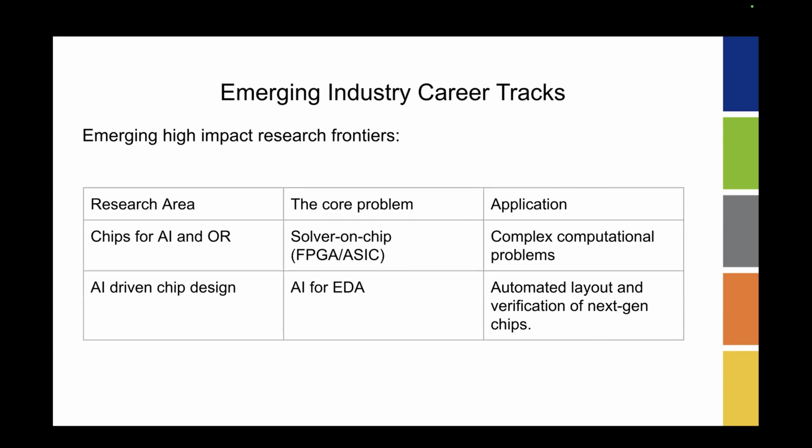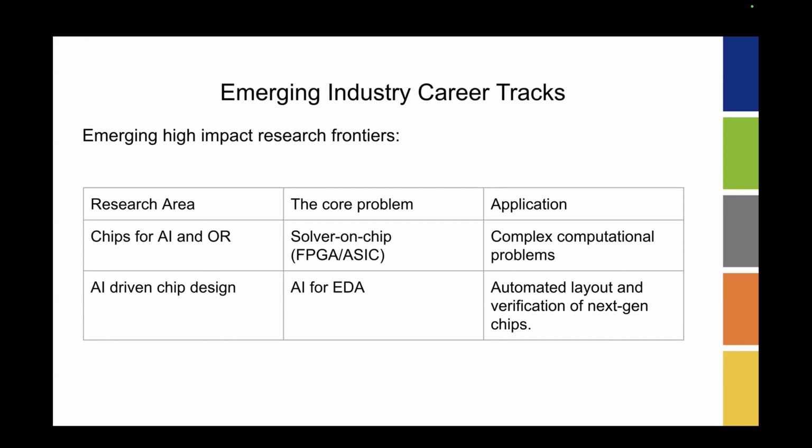So what are some of the career tracks at the intersection of these three fields? First and foremost are the research frontiers, where the most promising research area is the chips industry, where the research is bidirectional. What I mean by that is the research done in one is used in the other.